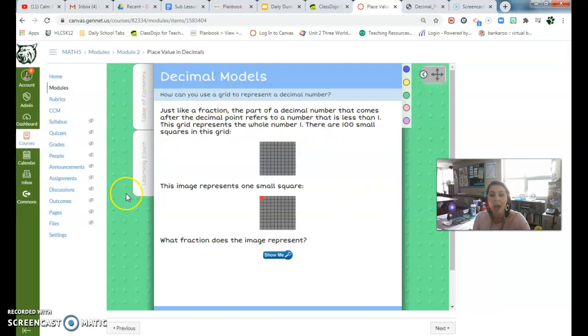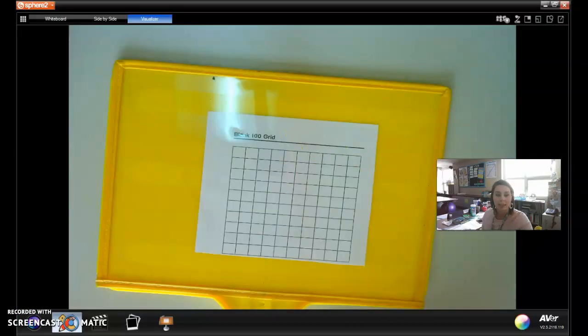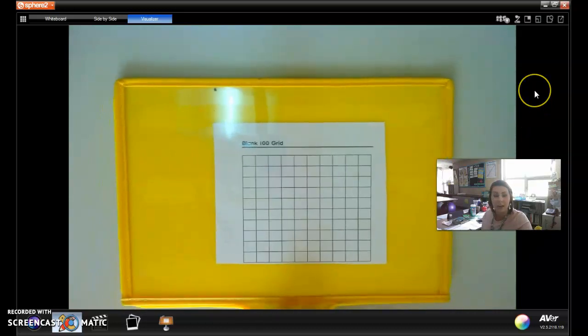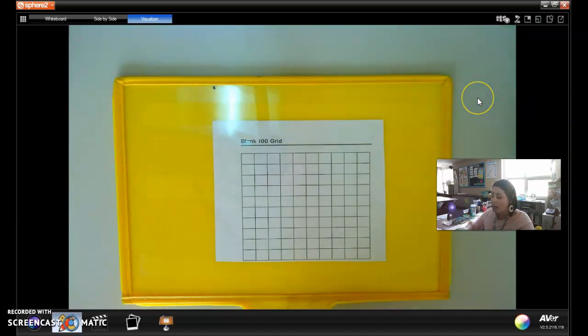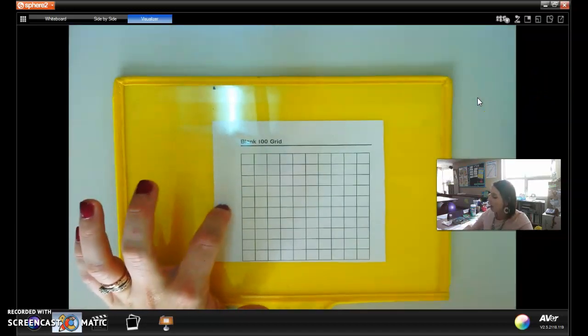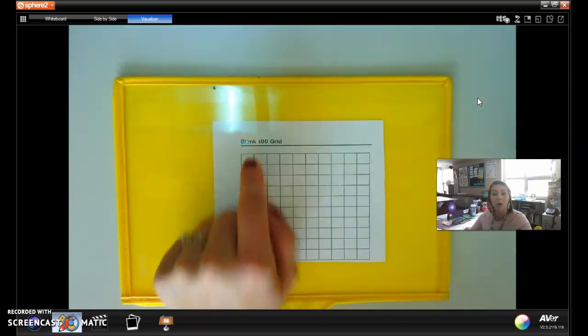If you look at this image on my screen, we're going to use these images to help us with identifying different decimal values. So if you want to do me a favor and get out your clean slate. If not, feel free to pause the video, guest teacher, to have the students get a clean slate. They're going to need the one that has the blank 100 grid.